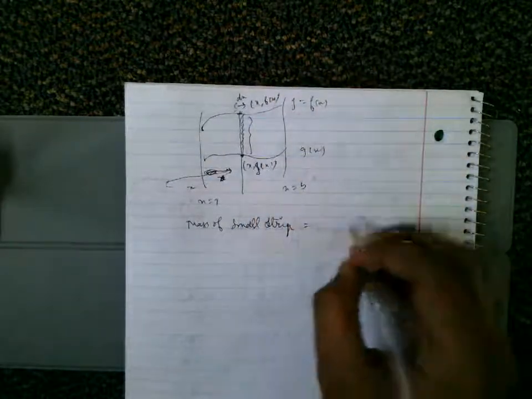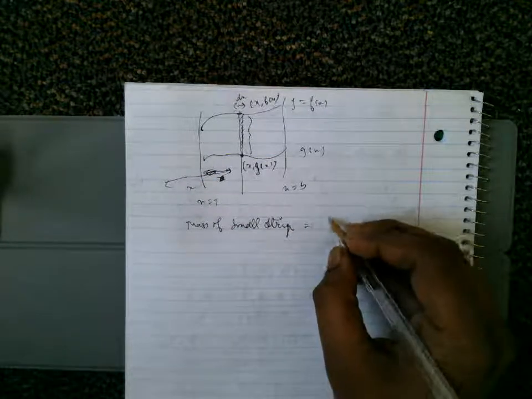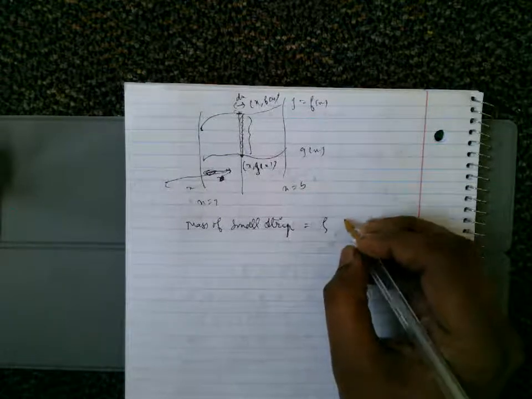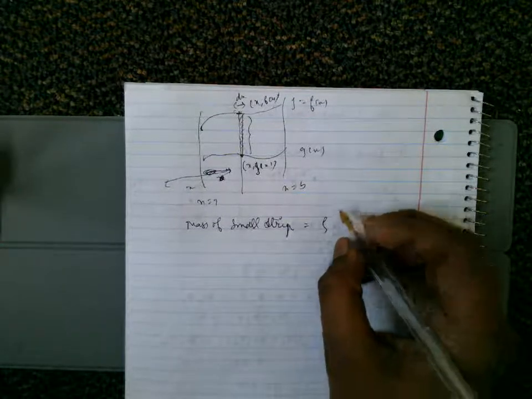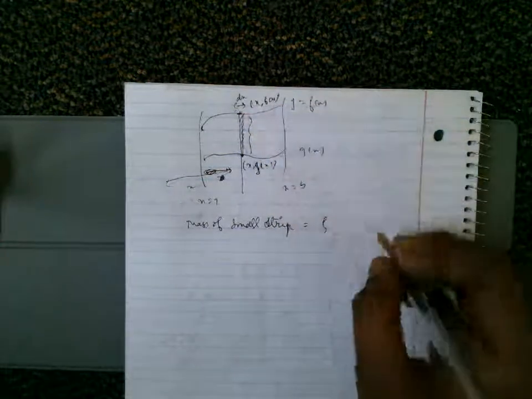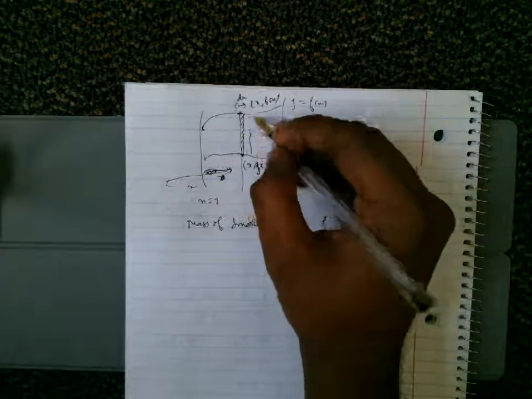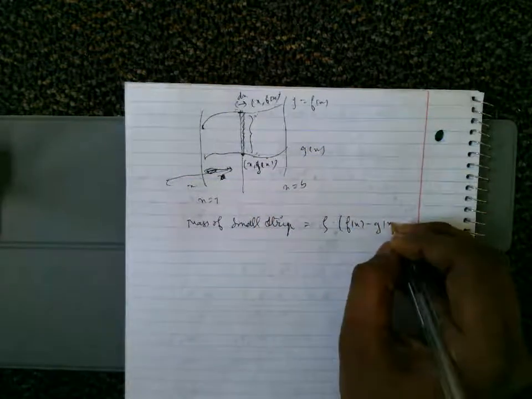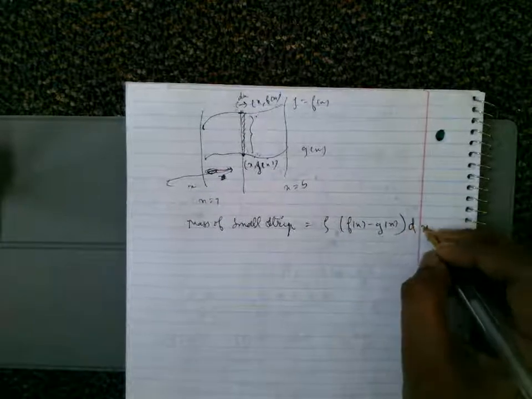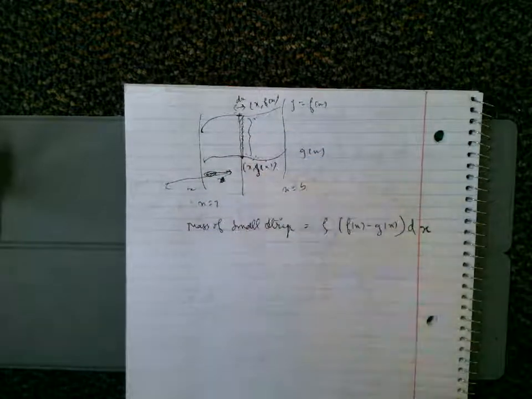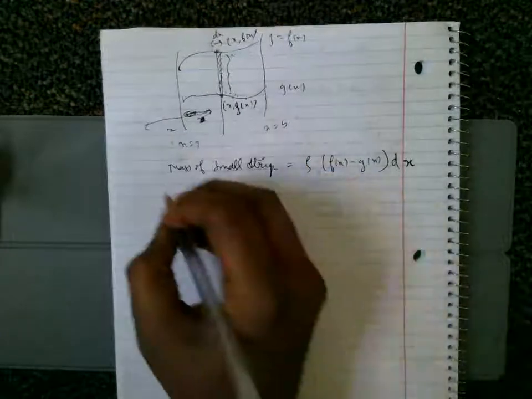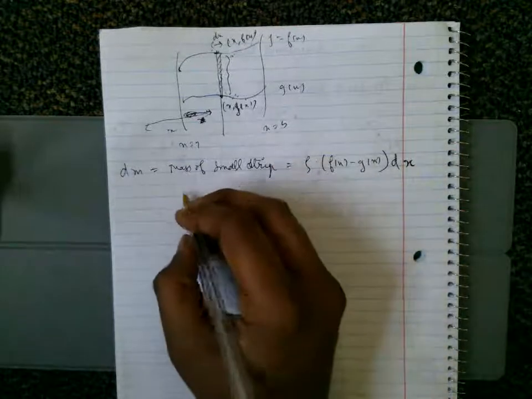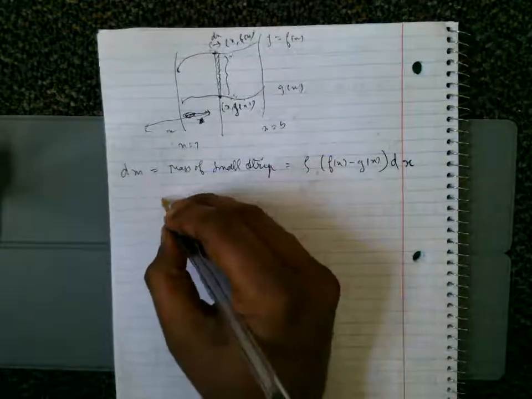Then the mass of this small strip can be assumed to be rho times length times breadth. The length is the difference between these heights, f of x minus g of x, and the breadth is dx, because dx is very small. This is the mass of the small strip. Let's say this is equal to dm. All right, and now what is the center of mass of the small strip?